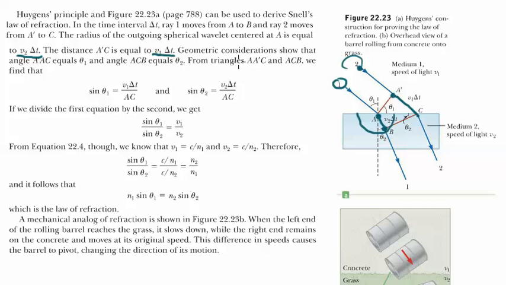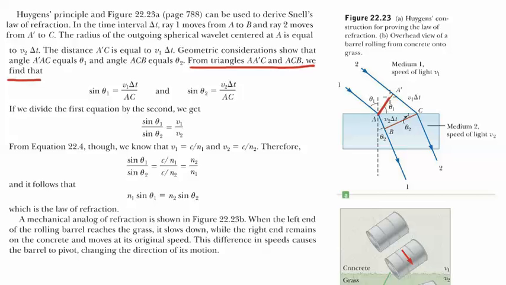Geometric considerations show that angle A prime AC equals theta 1, and angle ACB equals theta 2.